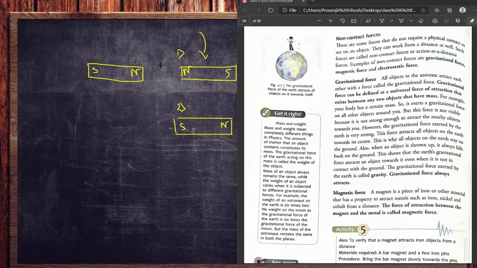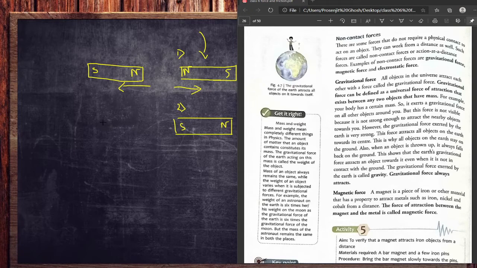In the first case, we know the same poles oppose each other. You are not even touching those magnets. You didn't make any contact between the two magnets, but still they are applying force to each other. So the force working without any contact is known as non-contact force. Very obvious.